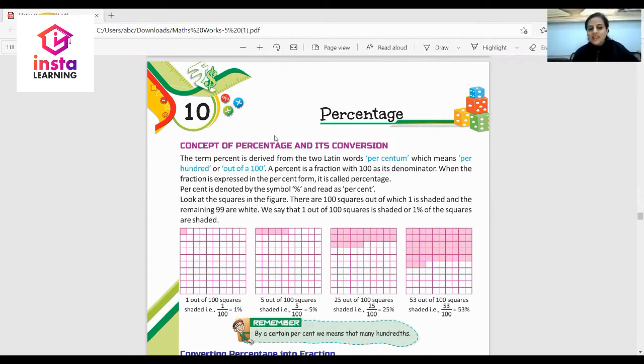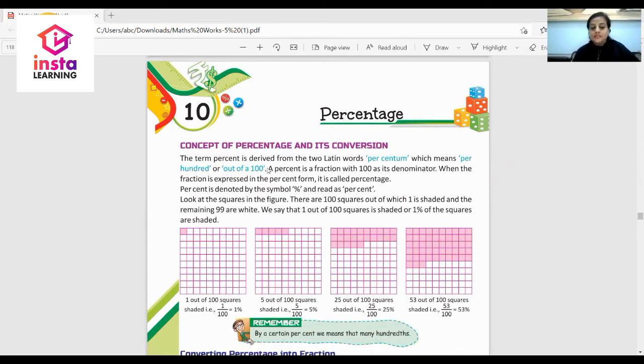Before starting, we are just going to do the theoretical part. In that, we are going to learn what is percentage. Now, the concept of percentage and its conversion.